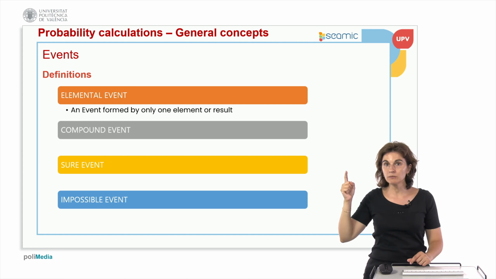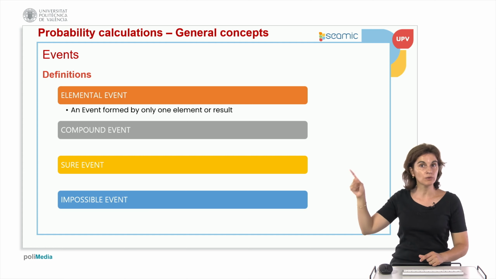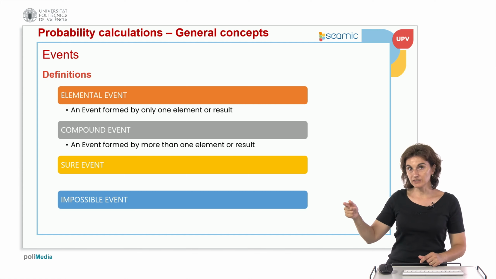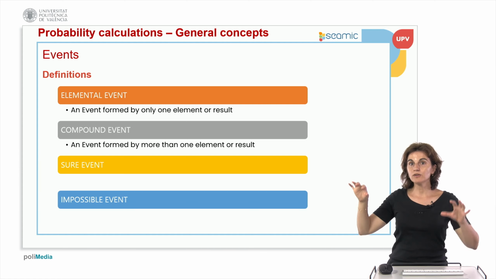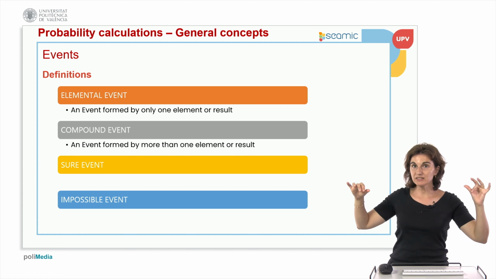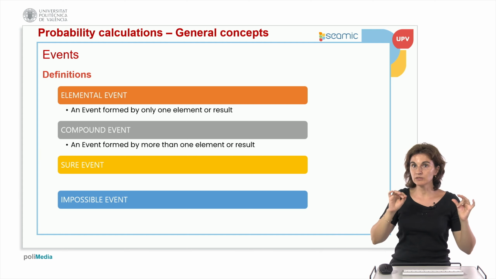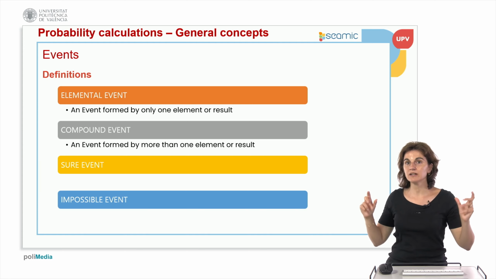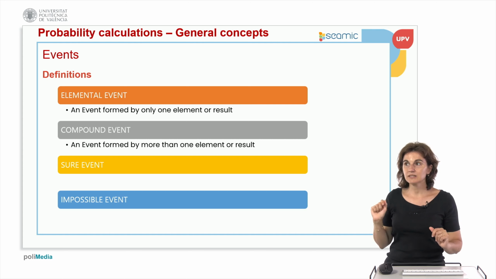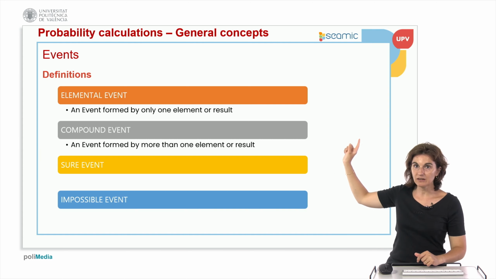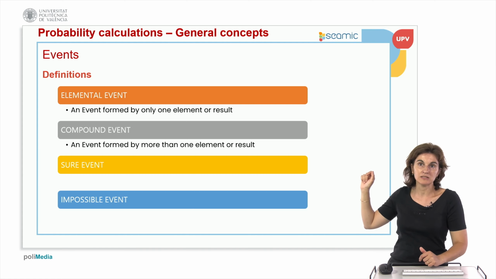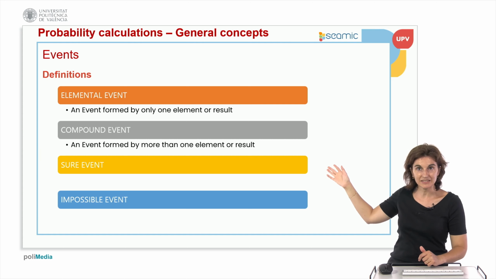So we will be talking about something happening yes or no. There are other types of events that are compound events, and they are composed of 2 or more events that happen at the same time, simultaneously. So it's something similar to an intersection of similar events. But these compound events are out of the scope of this course, so we won't be covering them. But it's interesting to know that they exist.